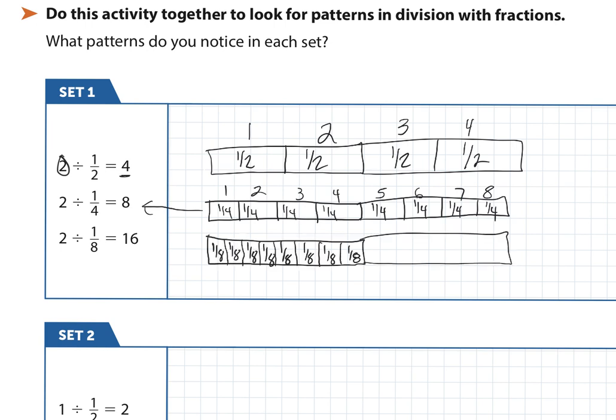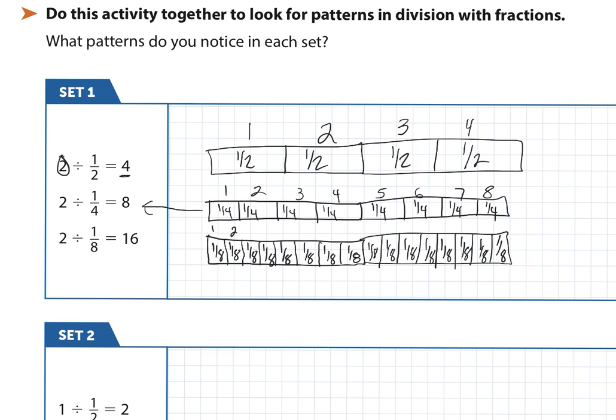Our third example, we're going to divide 2 whole boxes into 1/8. I have taken one of the 2 whole boxes and divided it into eighths. I didn't want to make the video extremely long, so I'm going to pause again and divide the next box into eighths. What we have modeled now is 2 divided by 1/8 equals 16.